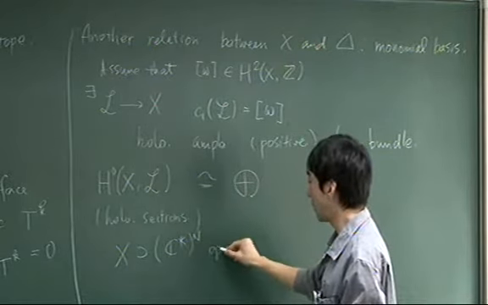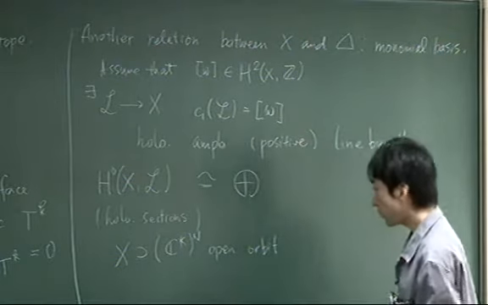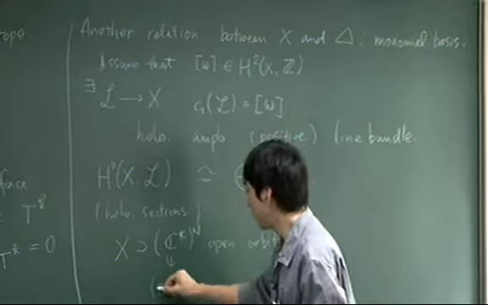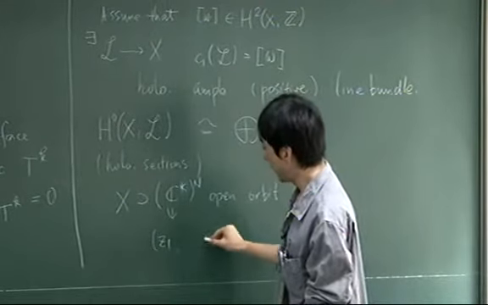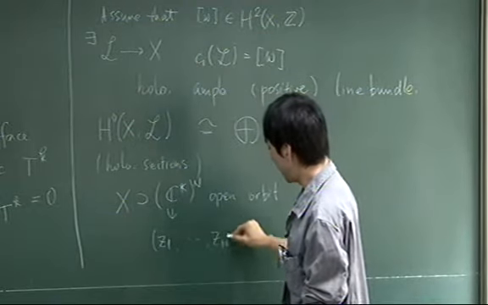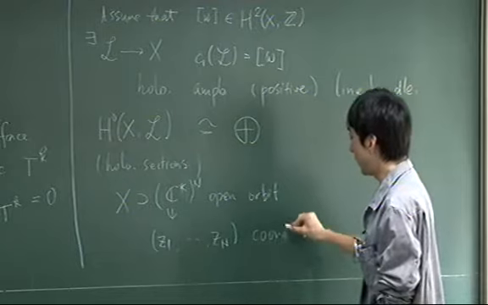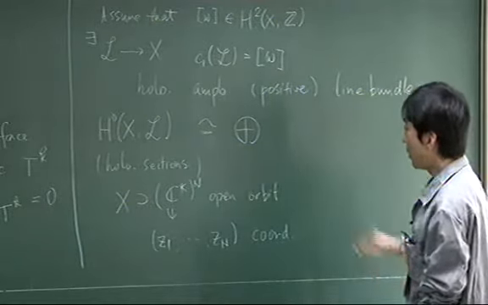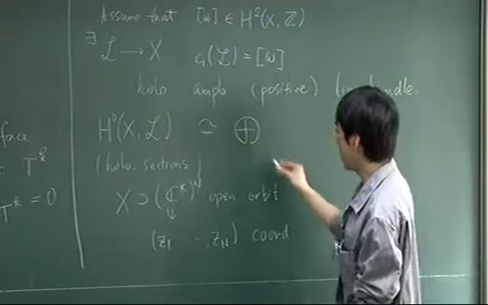Then the coordinates of this torus are written as Z1 to Zn. So this space has a special basis.